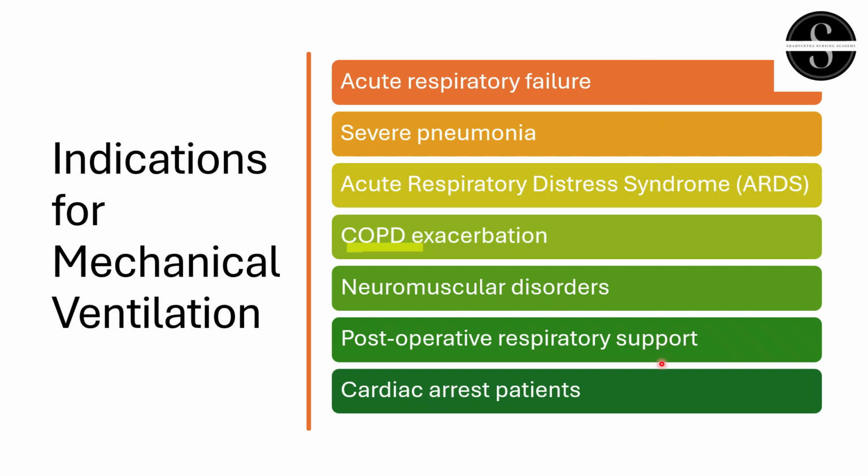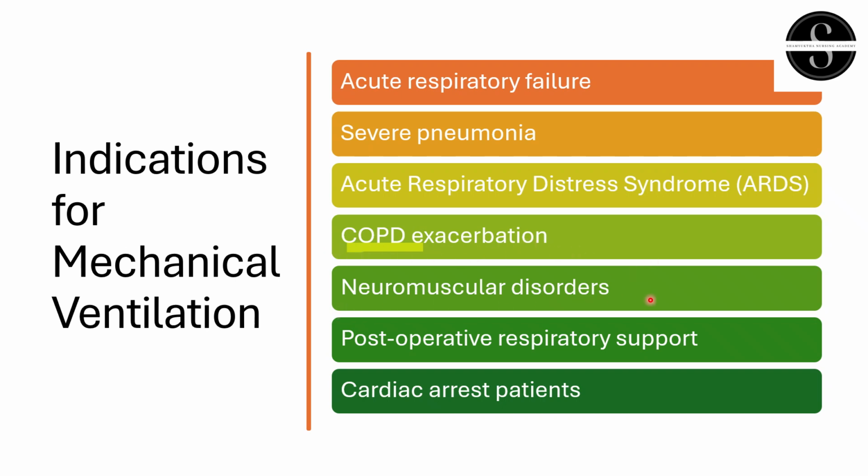Clear with the indication? We have several indications for putting the patient on mechanical ventilation. First and foremost is the respiratory failure. Second one is the severe pneumonia. Third one is the ARDS, especially seen in neonates or preterm neonates, etc. Then COPD exacerbation in case of old age patients.